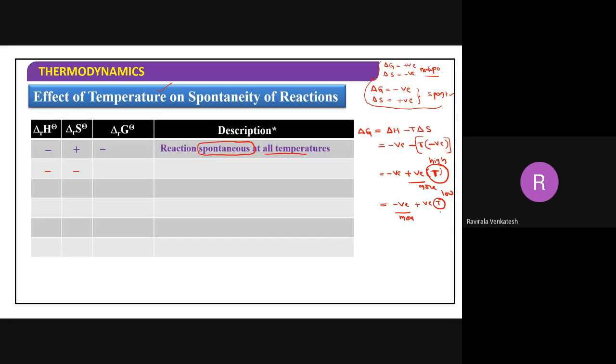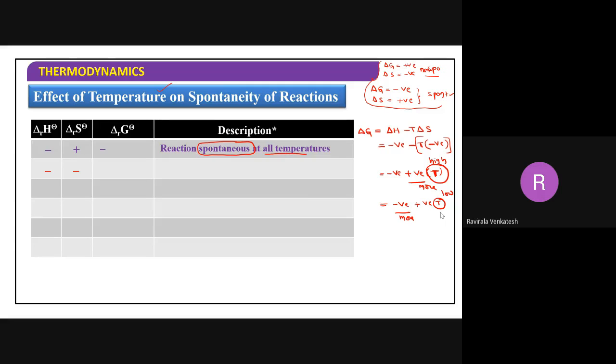Now based upon this, what can I say? Whenever delta H is negative, an exothermic reaction, and entropy is decreasing, delta S is negative, in that case delta G will be negative at low temperature and delta G will be positive at high temperature.